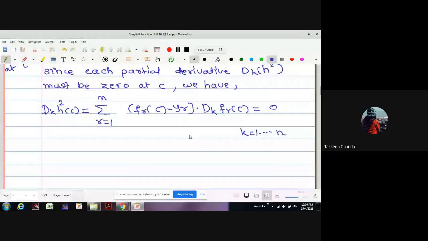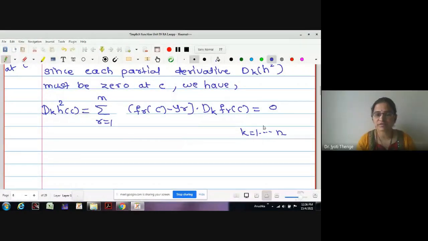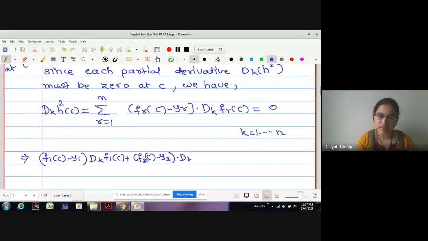What have we obtained? This is the system of equations for every k equals 1 to n. If you run up the sum here over r, what is our value for r equals 1? This is (f1(c) minus y1) dk f1(c), added with (f2(c) minus y2) into dk f2(c).